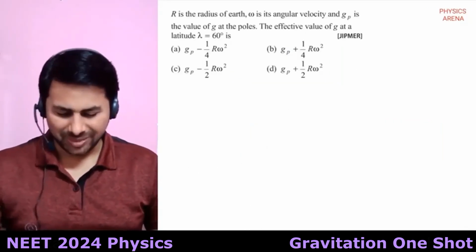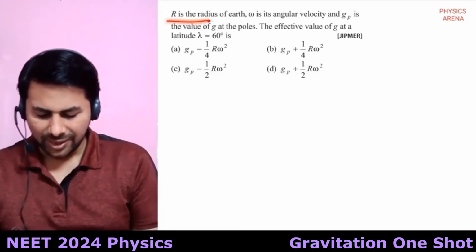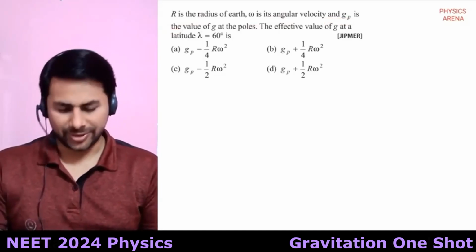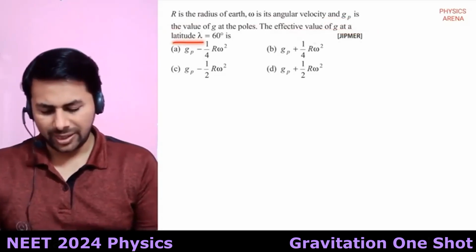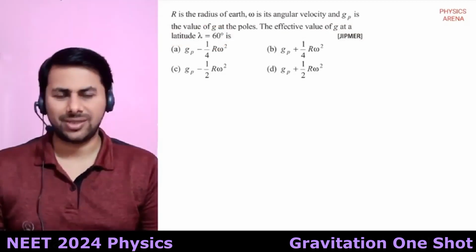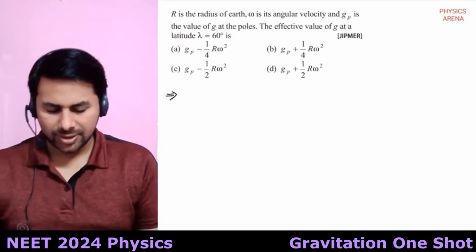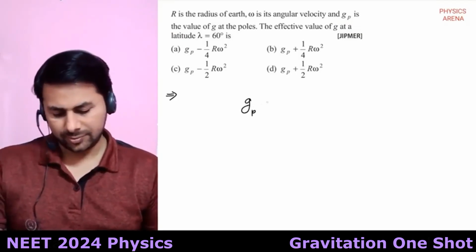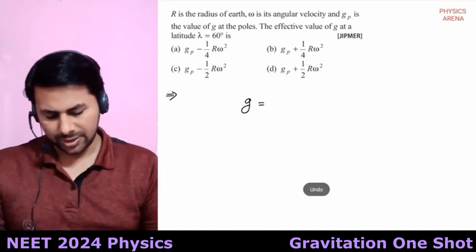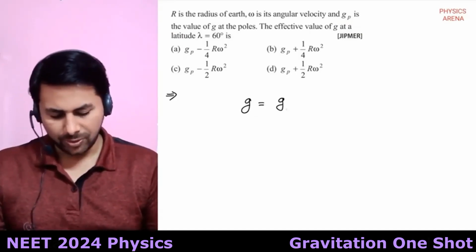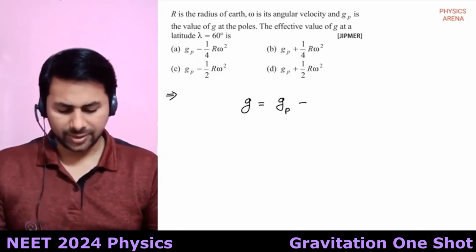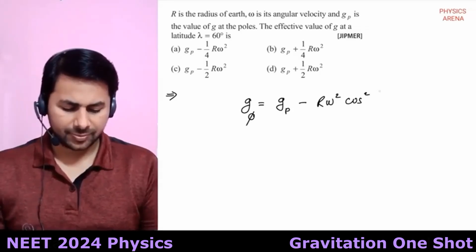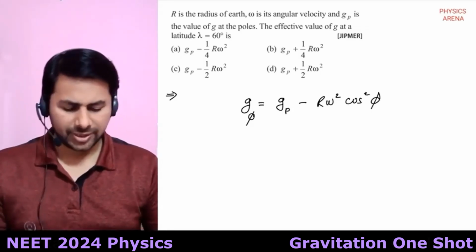Now let's solve some problems based upon these things. R is the radius of Earth, omega is the angular velocity, and gp is the value of g at the poles. The effective value of g at latitude lambda equal to 60 degrees is? So this is very simple. g is equal to g at poles minus R omega square cos square phi, so cos square 60.